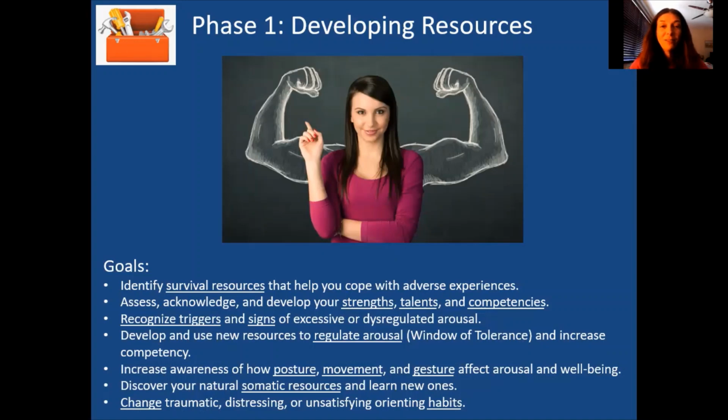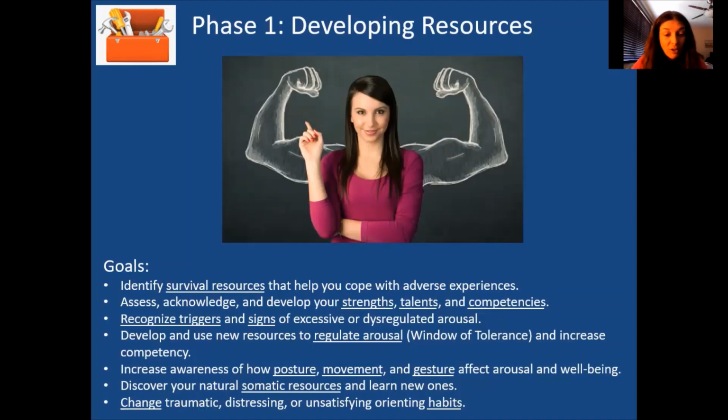How can I use my body as a resource to help me get through my life better, okay? So I'm going to learn what somatic resources I already have, because chances are you're already doing things that are helping you and you don't even know what they are. So recognizing them helps you to use them more. And then we're going to teach you some new stuff that could help you regulate yourself by using your body as a tool, okay?